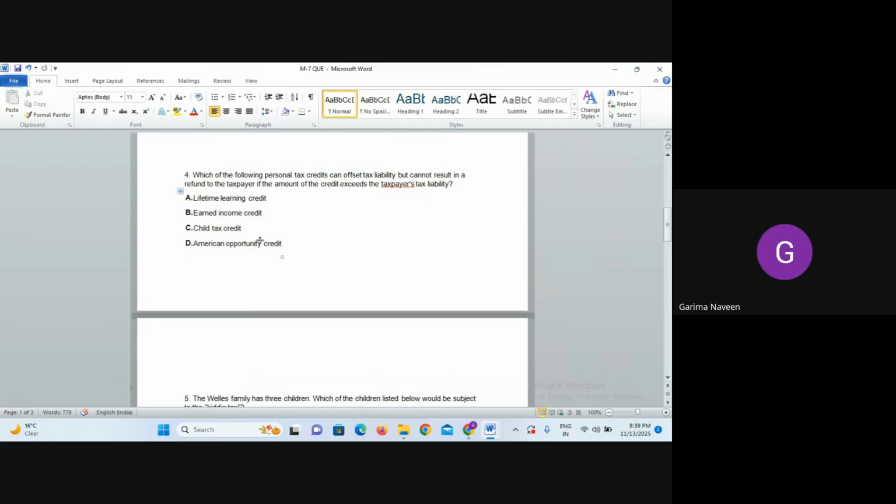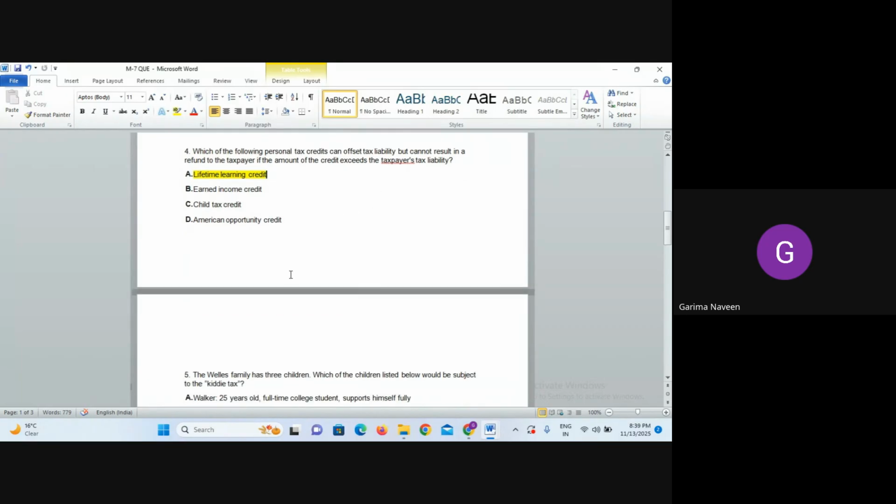You have to tell which is not refundable. Ma'am, A option. Yes, correct. Lifetime learning credit is a non-refundable credit. It does not give you any refund if your credit exceeds the tax liability.